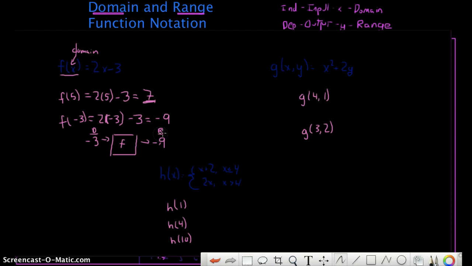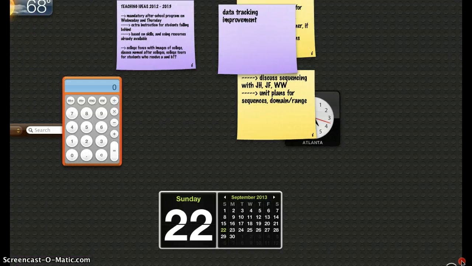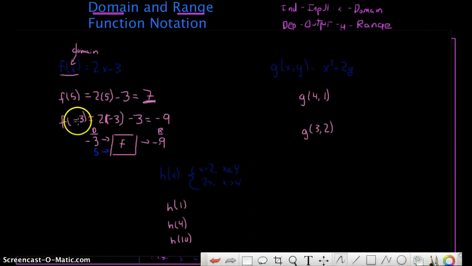Same idea, let's say we put in a 5. We put our 5 into the function machine. We did 2 times 5 minus 3, and that turned us into a 7.